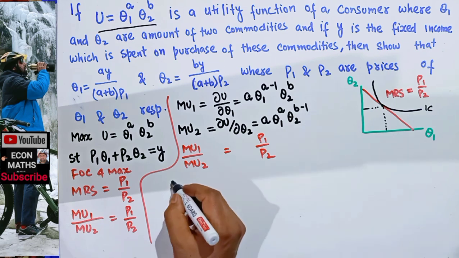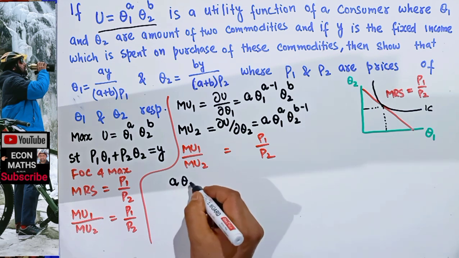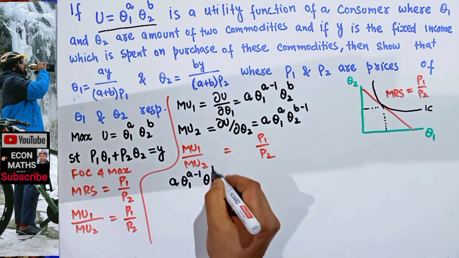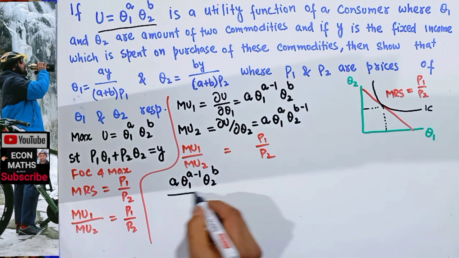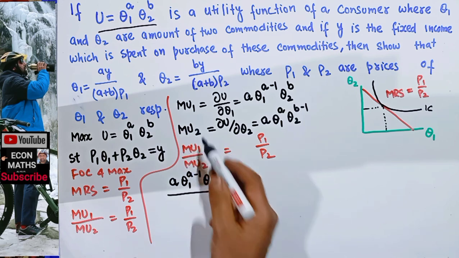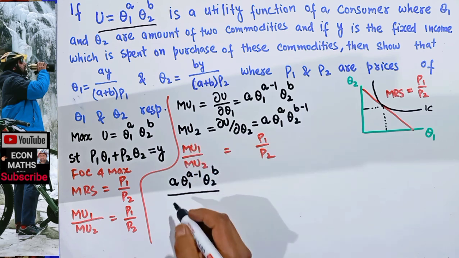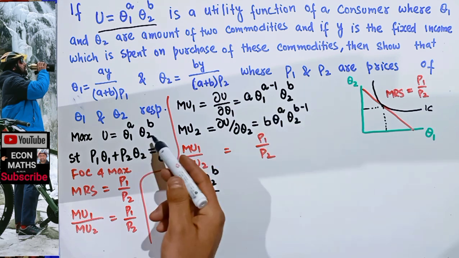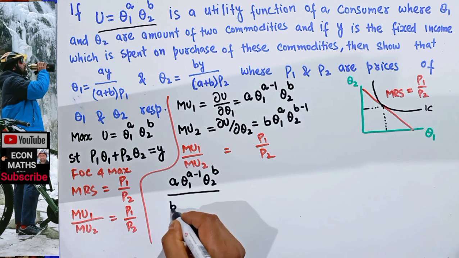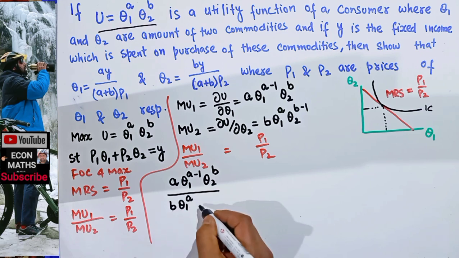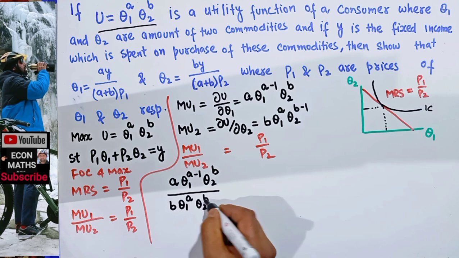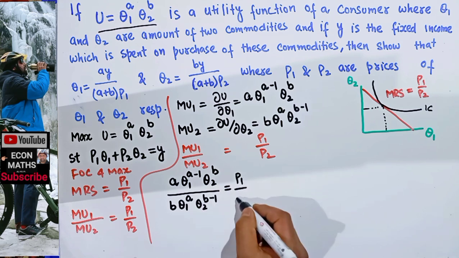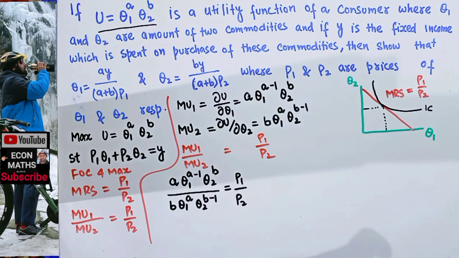Our mu1 is this function, that is a q1 raised power a minus 1 times q2 raised power b. mu2, that means marginal utility of good q2, is equal to, here actually we have b because b will become coefficient here in this function, so we have b q1 raised power a times q2 raised power b minus 1. It should be equal to the slope of the budget line, which is being denoted by p1 upon p2.